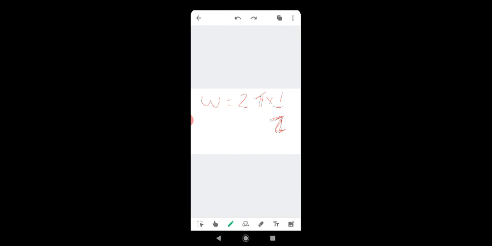Then we can represent tau is equal to 2 pi by omega. So I just write down once again, tau equal to 2 pi by omega. This we call the time period of the periodic function.